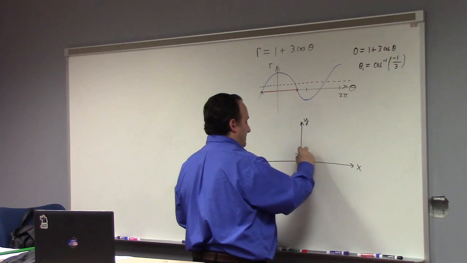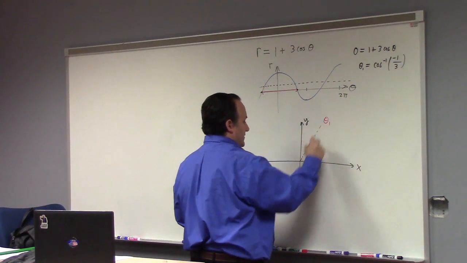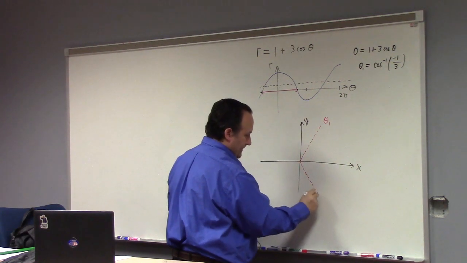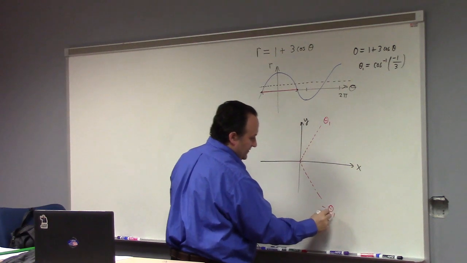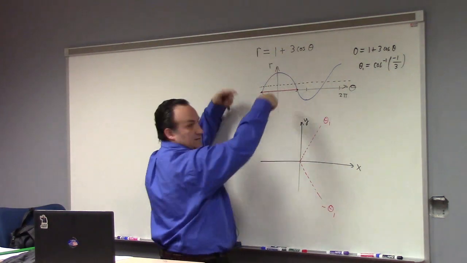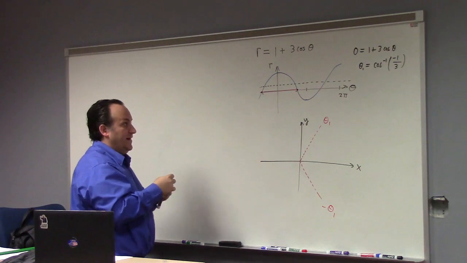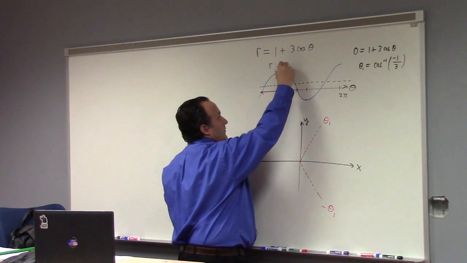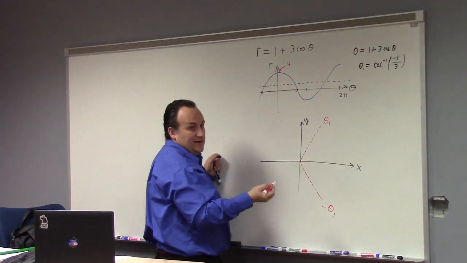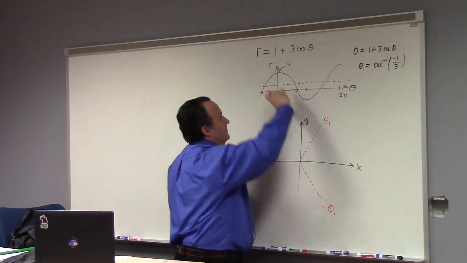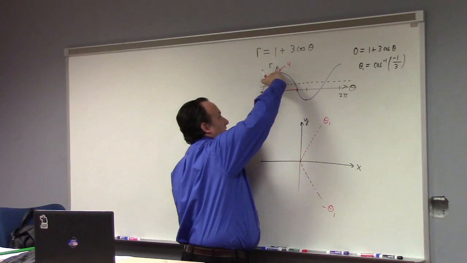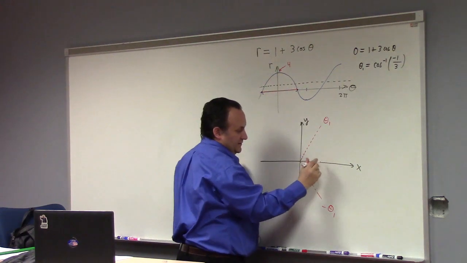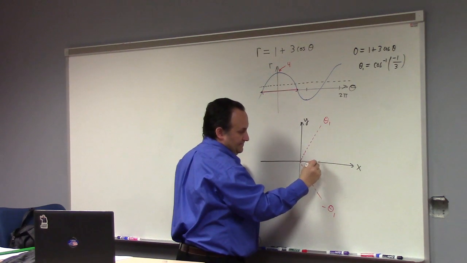So here is theta 1, and here is minus theta 1. It's fairly clear that those are symmetric for that loop, right? And the maximum radius happens right here, which is what? 4, right? 4 at theta equal to 0. So if I did this exactly right, you could just translate this distance to that distance. But anyway, something like that.